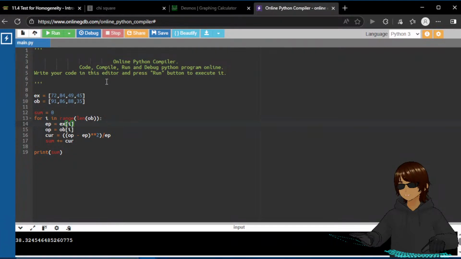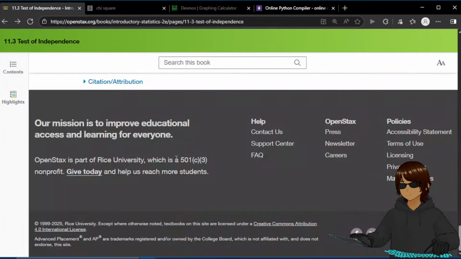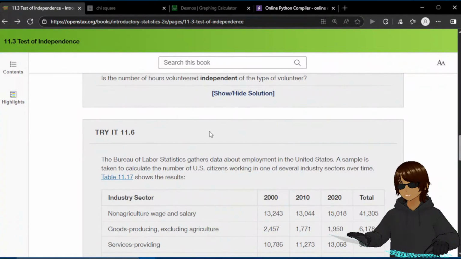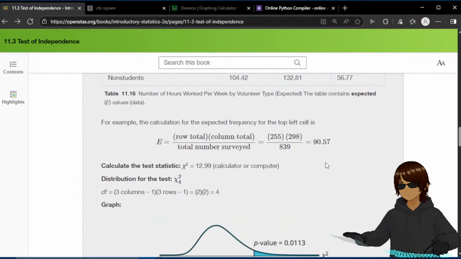250 men. 300. Hold on. In the test of independence, they calculated all of this.